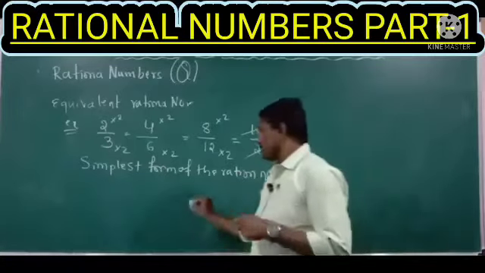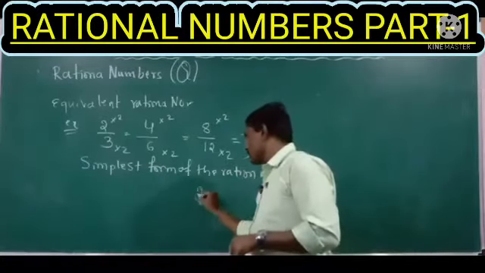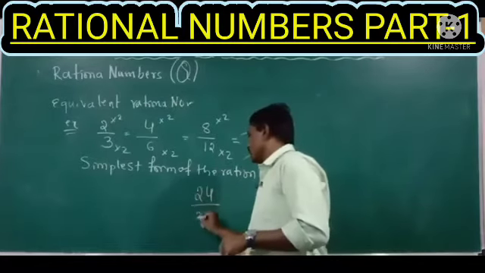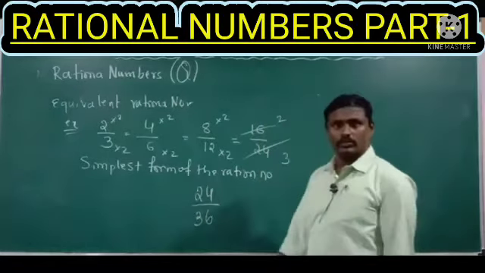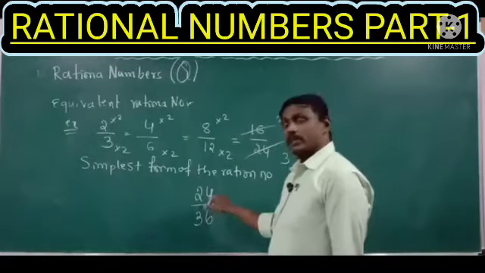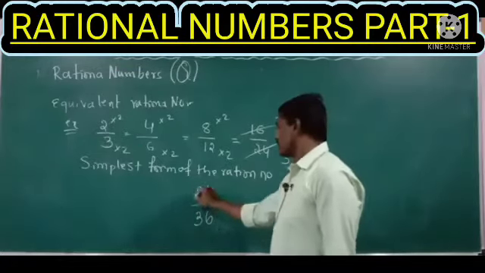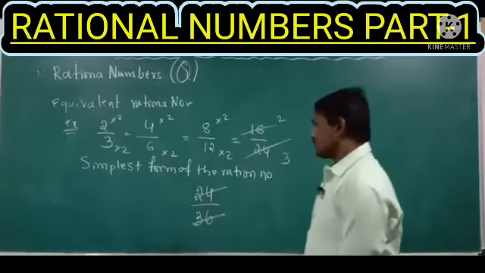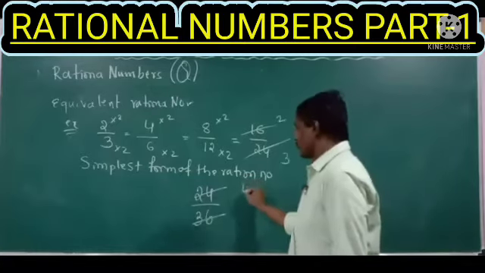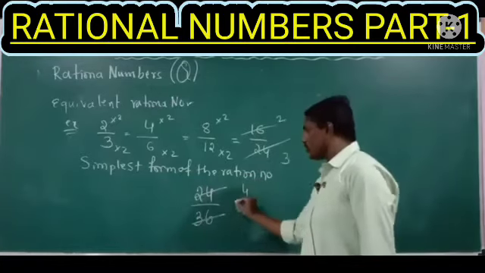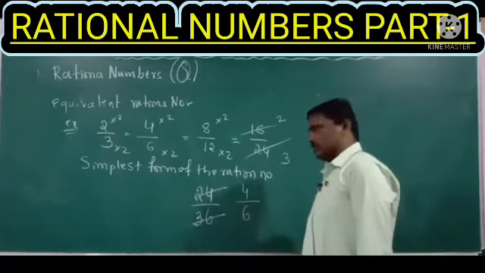For example, if I take 24 by 36, these two are multiples of 6. 6 fours are 24, 6 sixes are 36.